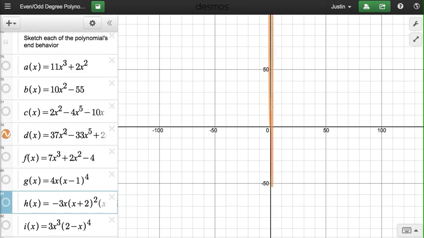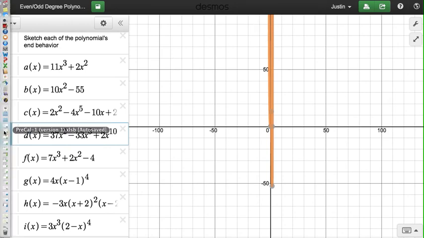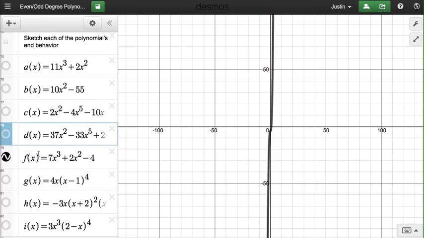D is an even degree, look at that, x to the 10, and that's a positive leading coefficient, so the arrows go here and here, just like the graph looks. F of x is an odd degree, degree 3, with a positive leading coefficient, so the arrows go here and here.